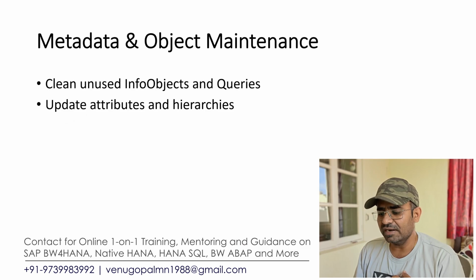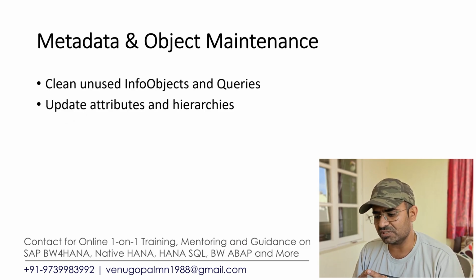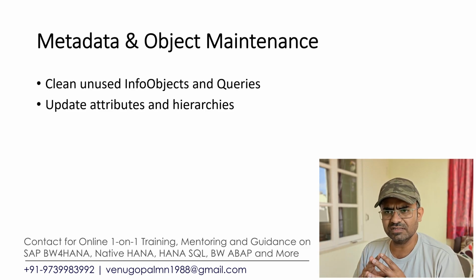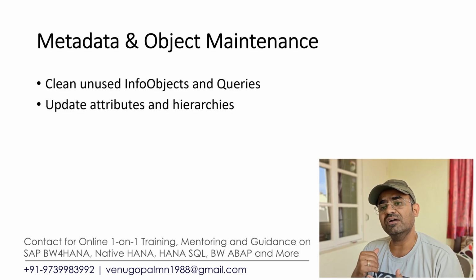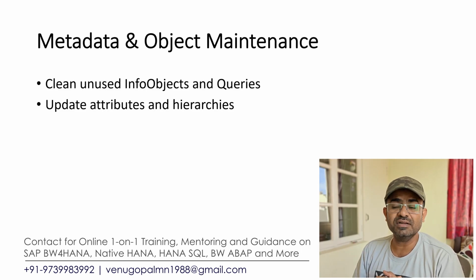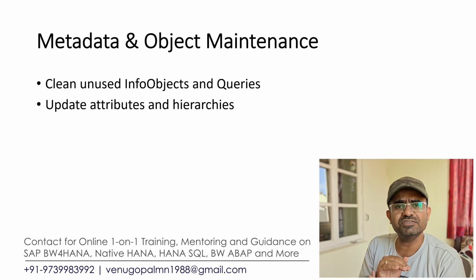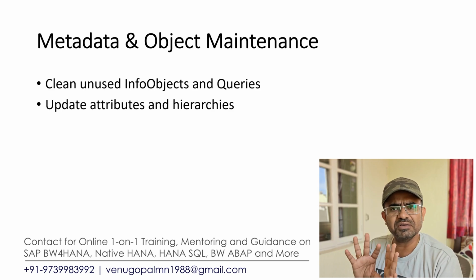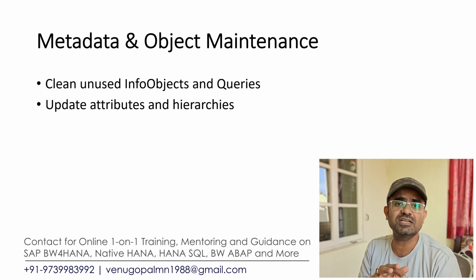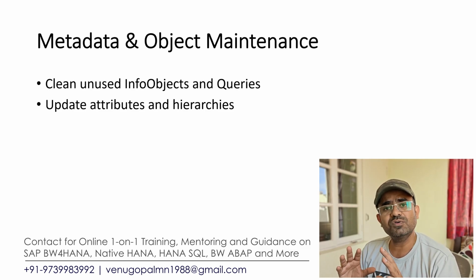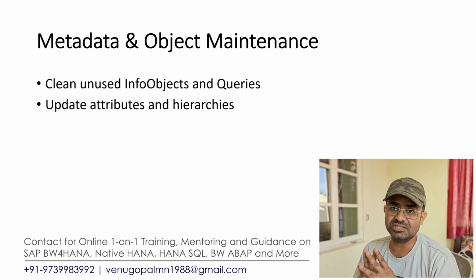If we are taking care of any attributes and hierarchies to ensure reporting accuracy and to provide more information at the reporting layer, we'll have to ensure that they are up to date. Housekeeping activity does not only focus on reducing the amount of data stored in standard tables. It also ensures that our system is healthy and that whatever we report is absolutely correct as per the business expectation.